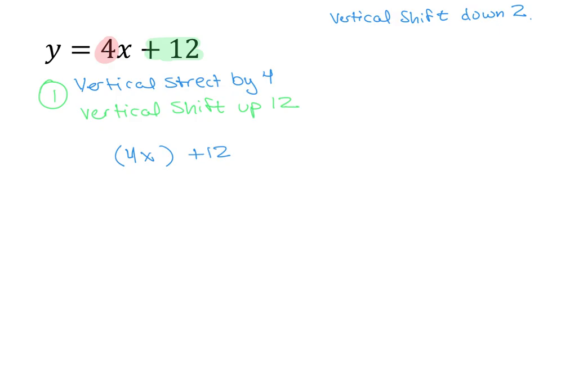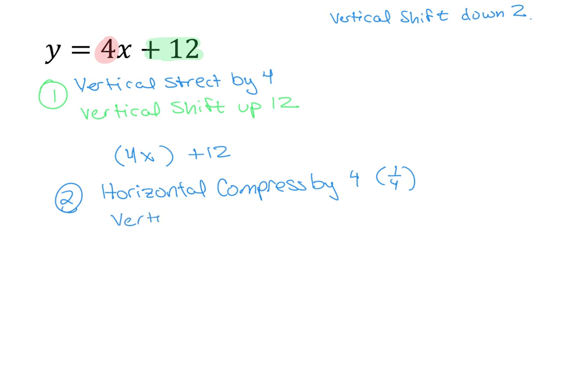It doesn't do anything, but we can still think about this as horizontal. And so for our second one, we can think about this as a horizontal compress by 4, or 1/4. And we still have a vertical shift up 12.